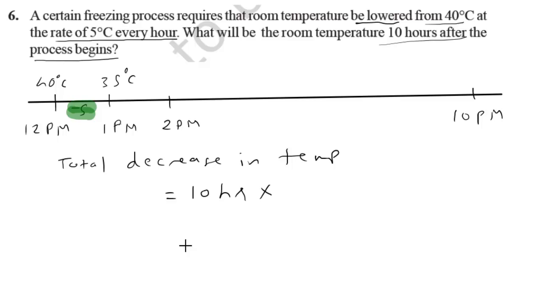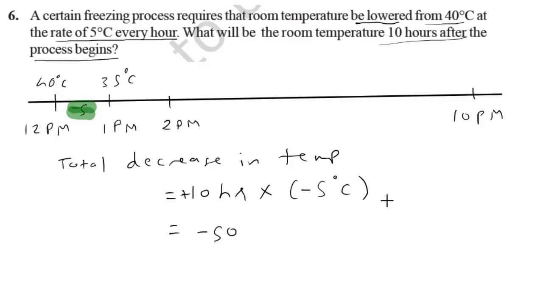So it will be 10 hours into minus 5 degrees Celsius. So total decrease will be 10 into 5. 10 we will consider with no sign, so it is positive. Positive into negative will be negative. 10 into 5 is 50.